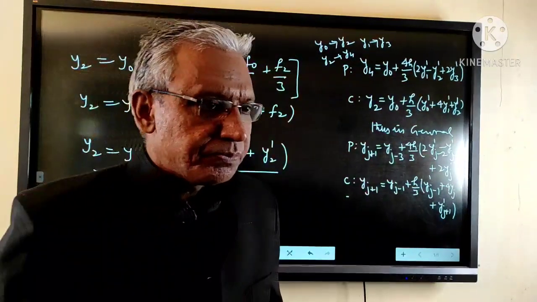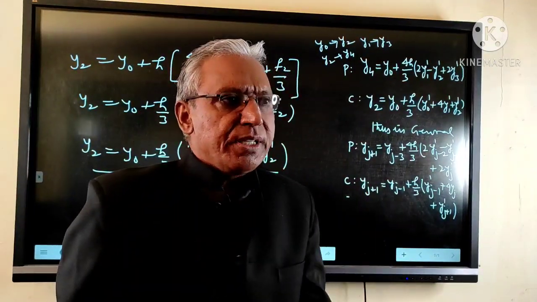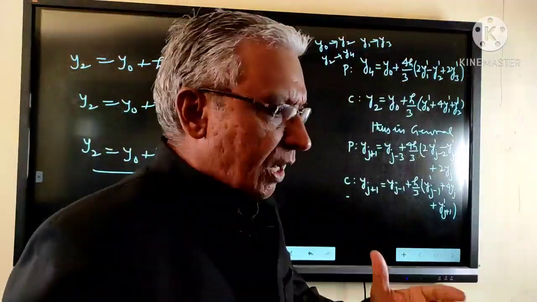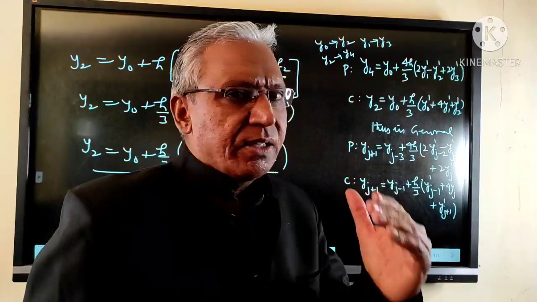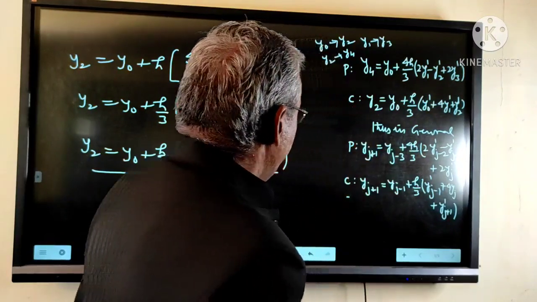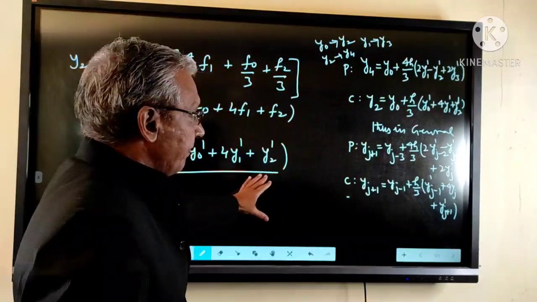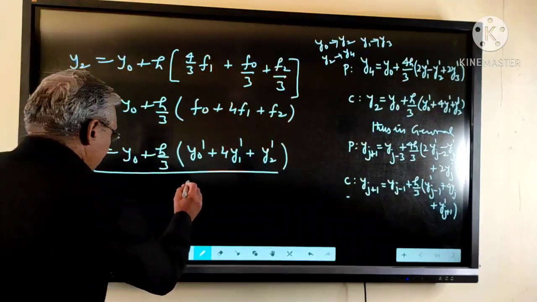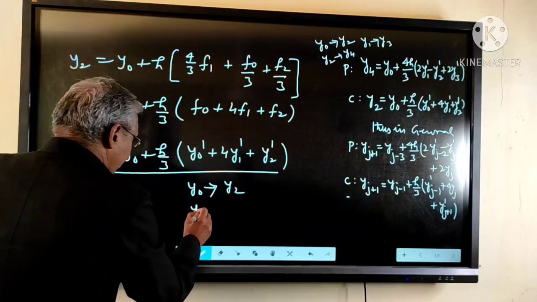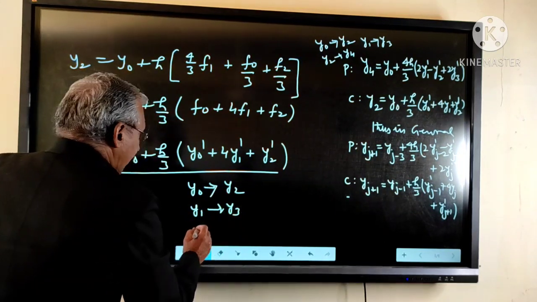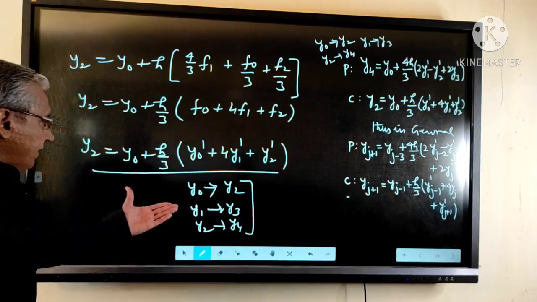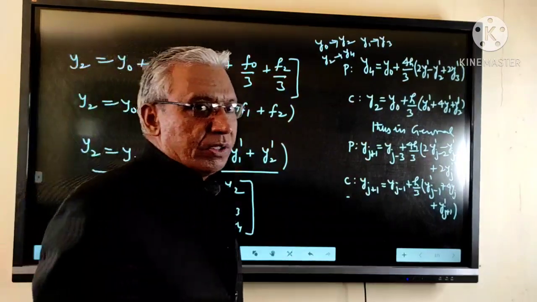But now our question is how to apply the corrector formula, that is, how to correct the value of y4. The value of y4 is corrected by this formula as y0 is replaced by y2, y1 is replaced by y3 and y2 is replaced by y4. Then we get the corrected value of y4.